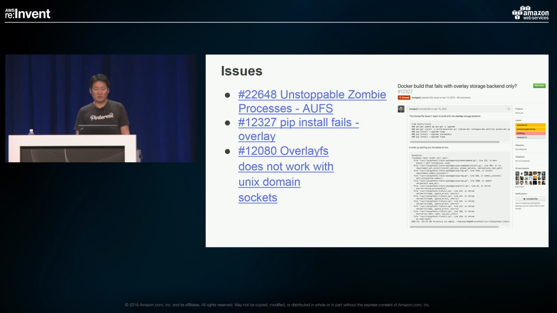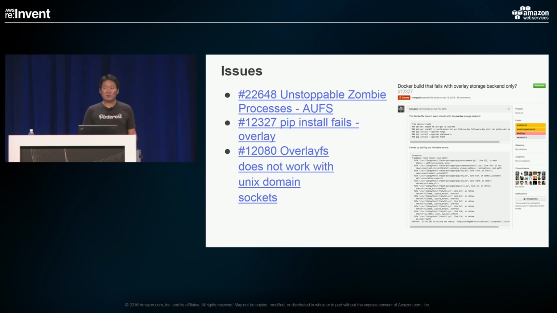Then we tried other alternative storage drivers, for example, VFS, which was also not good because it can occupy huge space in the /var/lib/docker folder when you build a simple image. So it's not efficient to use at all. Then we switched to the overlay storage driver. But we found overlay also has problems.